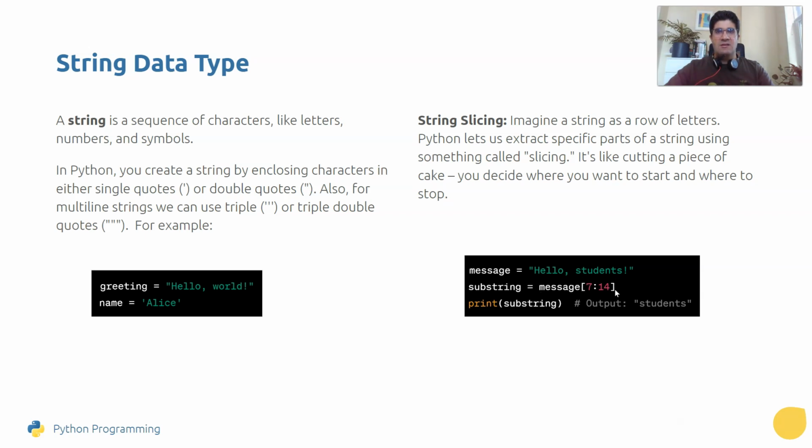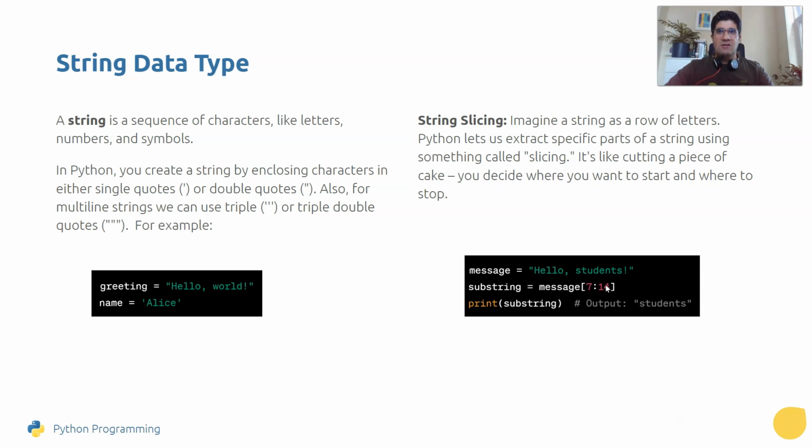It looks like an array in other programming languages, but we say from index 7, we need all the characters between index 7 and 14. The indexes start from 0. So index 0, 1, 2, 3, 4, 5, the white space is 6, then 7. So the S will be the starting point, 7, 8, 9, 10, 11, 12, 13, 14. It will return the student for us, and we can output that.